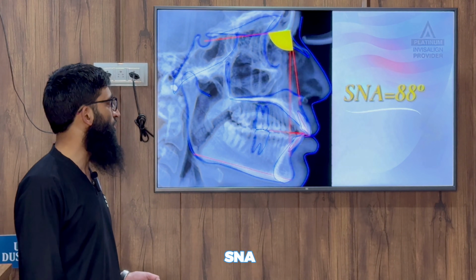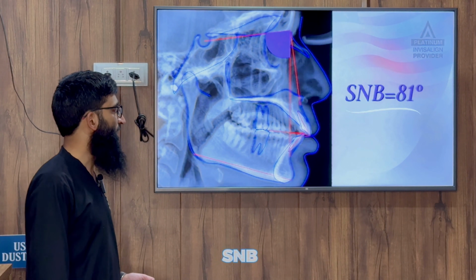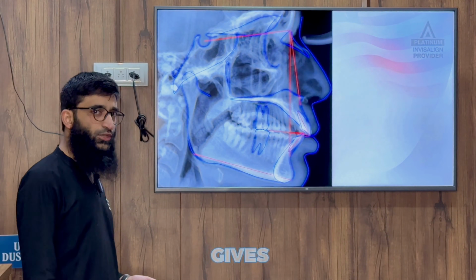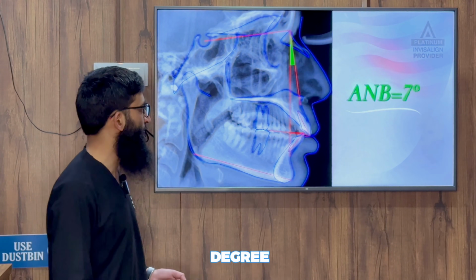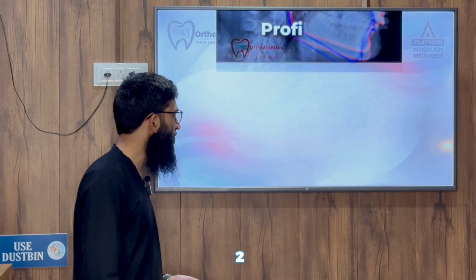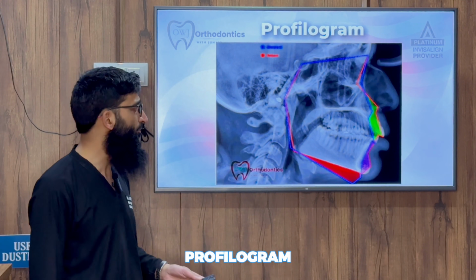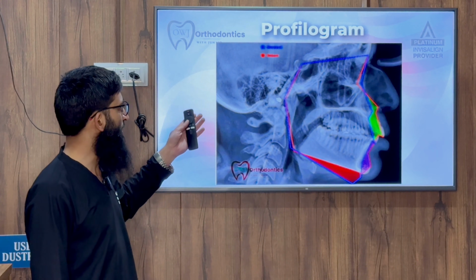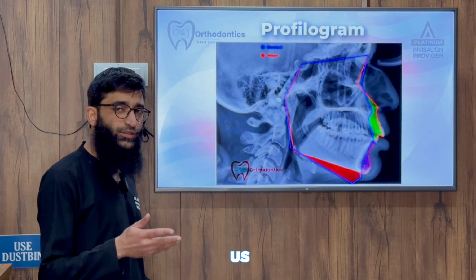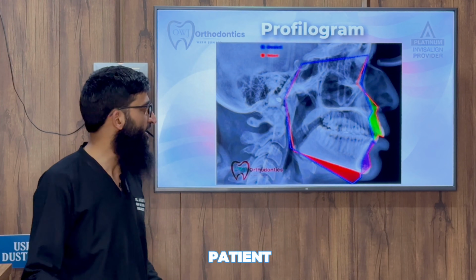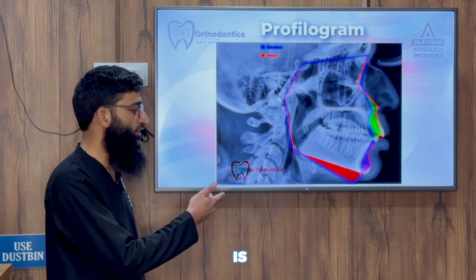Regarding Steiner's, SNA of 88, SNB of 81, which gives us an ANB of 7 degrees. So it's skeletally class II. When we look at the profilogram, the blue color shows the norm for the patient, and the red color is the patient itself.